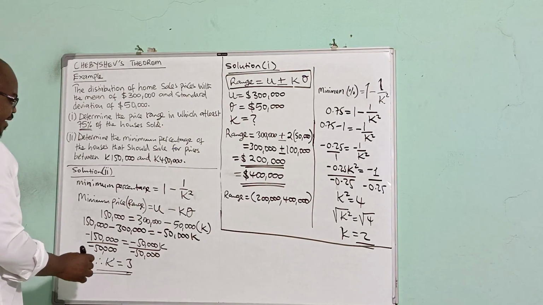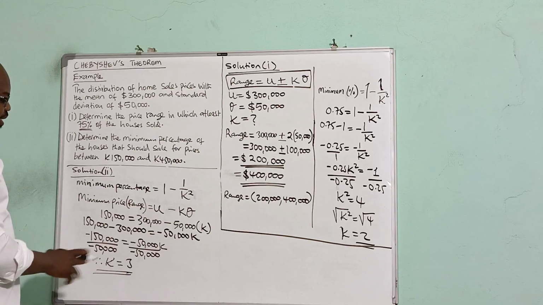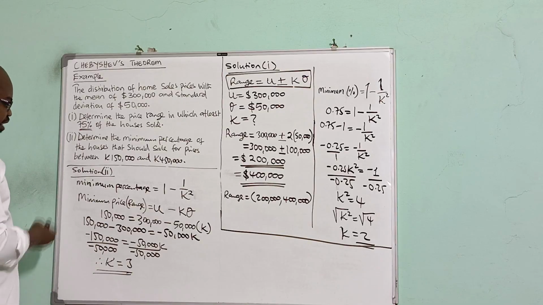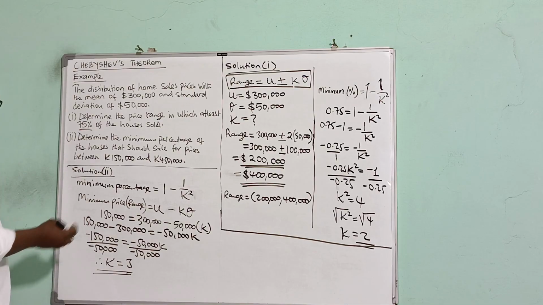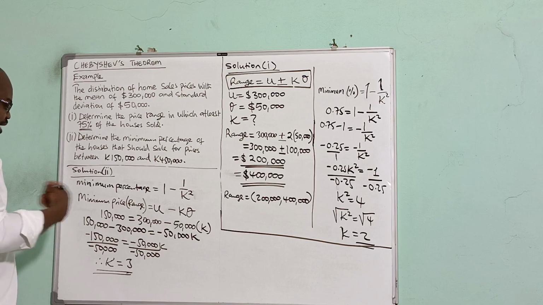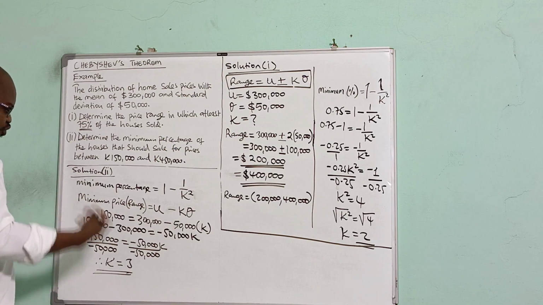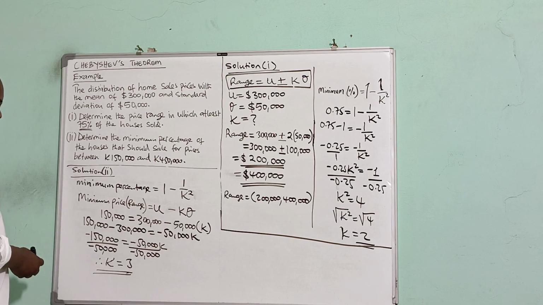Now, you see, like I said, in both cases, what we were lacking was the K. When we are asked to calculate the minimum percentage, it gives the range. When you are asked to calculate the range, it gives you the percentage. Okay?